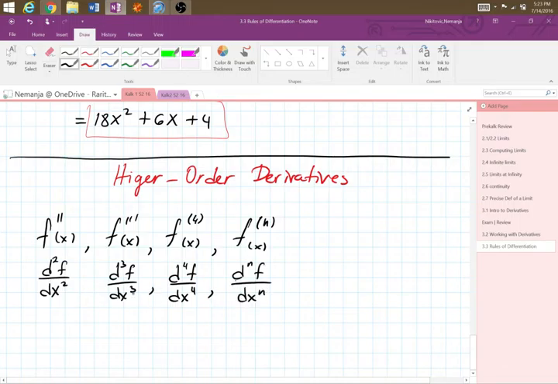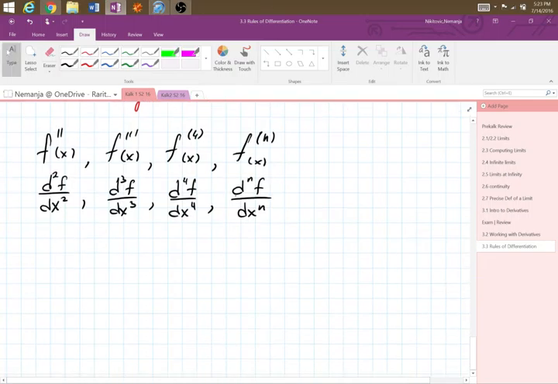So these are the equivalent notations using Leibniz notation. And as long as you are remembering that for higher order derivatives, all you need to do is keep taking the first derivative off of your previous answer. That's all you need. So let's take a look.